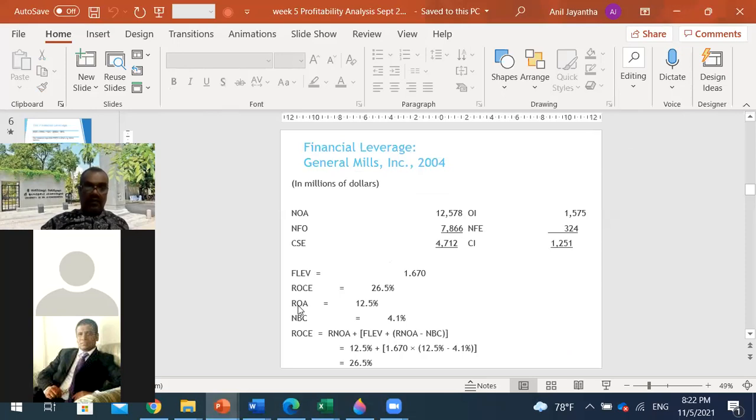Maybe when I revise this, let me correct it. 12.5. Okay, just check net borrowing cost. 4.1%. Something wrong with this machine.